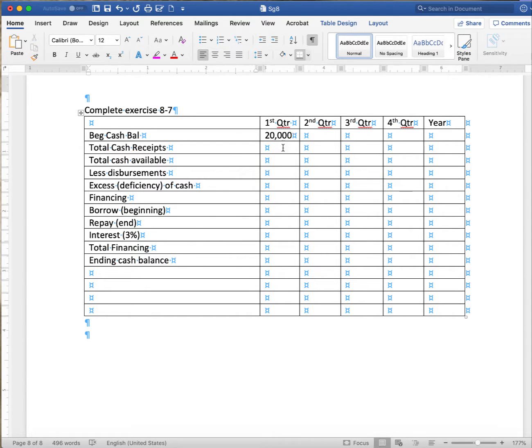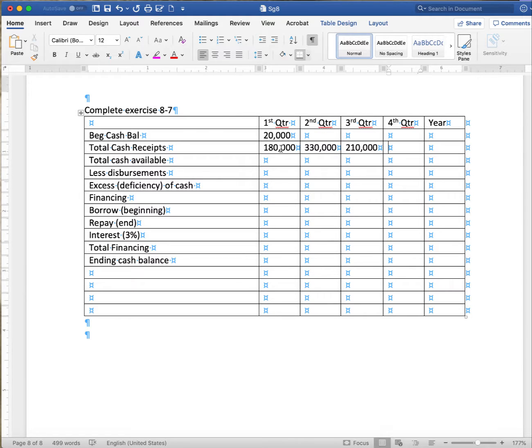Okay, so right off the bat, total cash receipts, they give me those, right, for the first, second, third, fourth quarter. I'm just going to plug them in. So for the first quarter, cash receipts are $180,000. For the second quarter, they're $330,000. For the third quarter, they're $210,000.